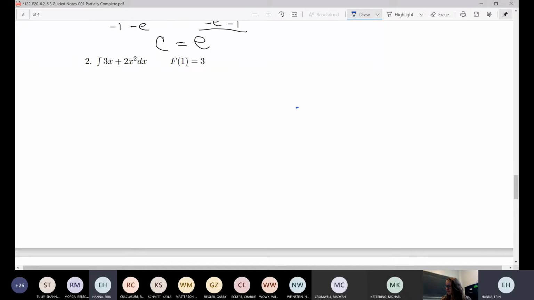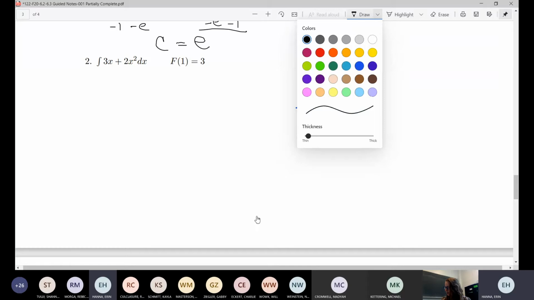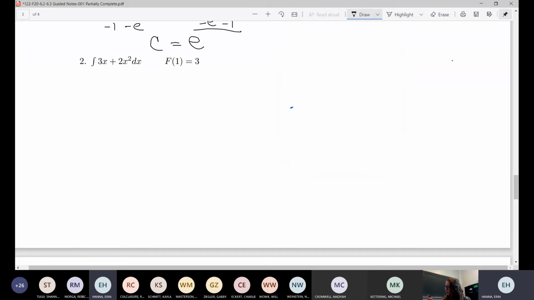So this one is going to have a little bit of fractions in it, but don't panic. It's okay. So we need to find the general antiderivative first. So remember that that 3 on the outside can essentially stick along for the ride. And then we technically have x to the first. So when we use our anti-power rule, we'll get x squared divided by 2 because we add 1 to the power and divide by the new power.